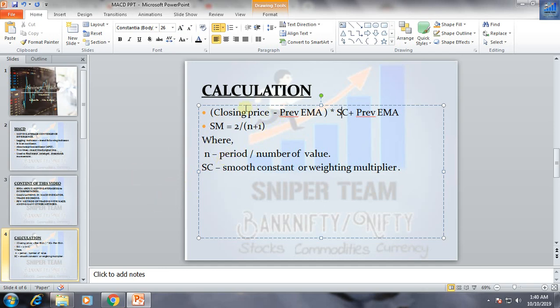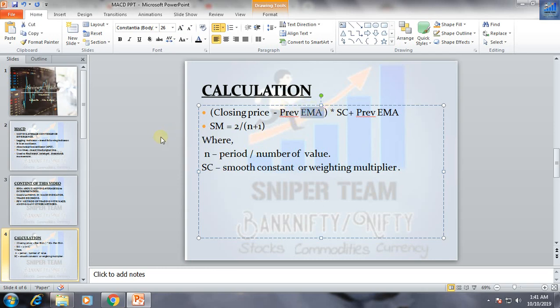And for the first calculation of the exponential moving average, we will take the previous day's closing price of crude oil and subtract the previous day's exponential moving average. In the initial phase, we don't have a previous exponential moving average to calculate, so we will take the simple moving average.